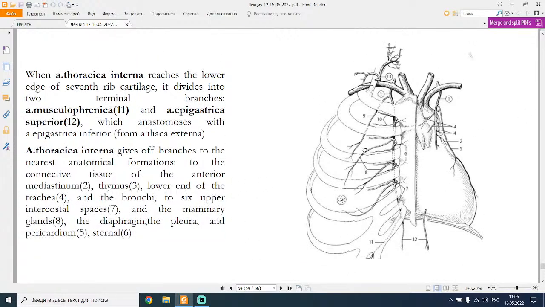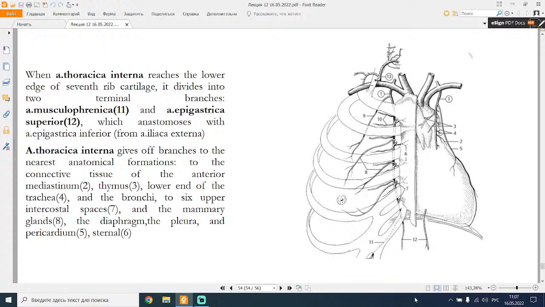When arteria thoracica interna reaches the lower edge of the 7th rib cartilage, it divides into two terminal branches: arteria musculophrenica and arteria epigastrica superior, which anastomoses with arteria epigastrica inferior from arteria iliaca externa.